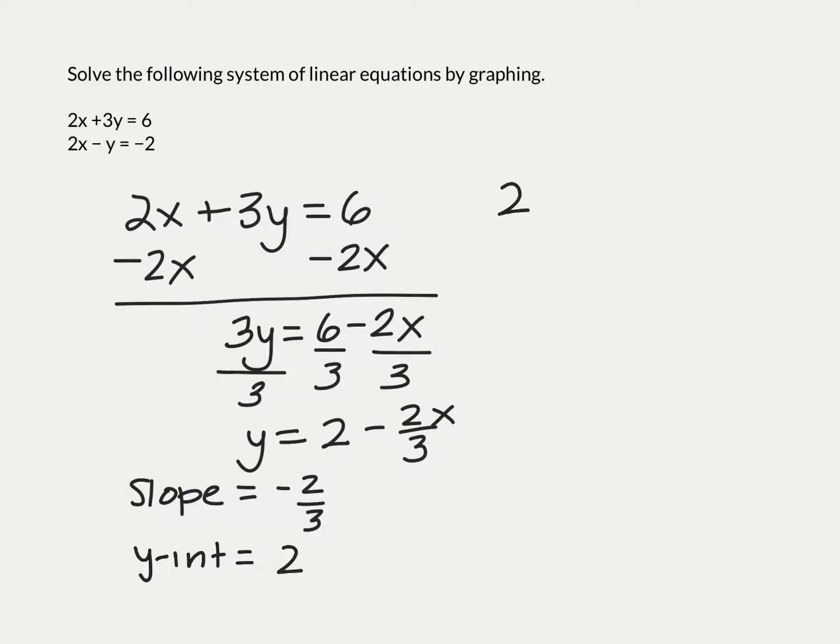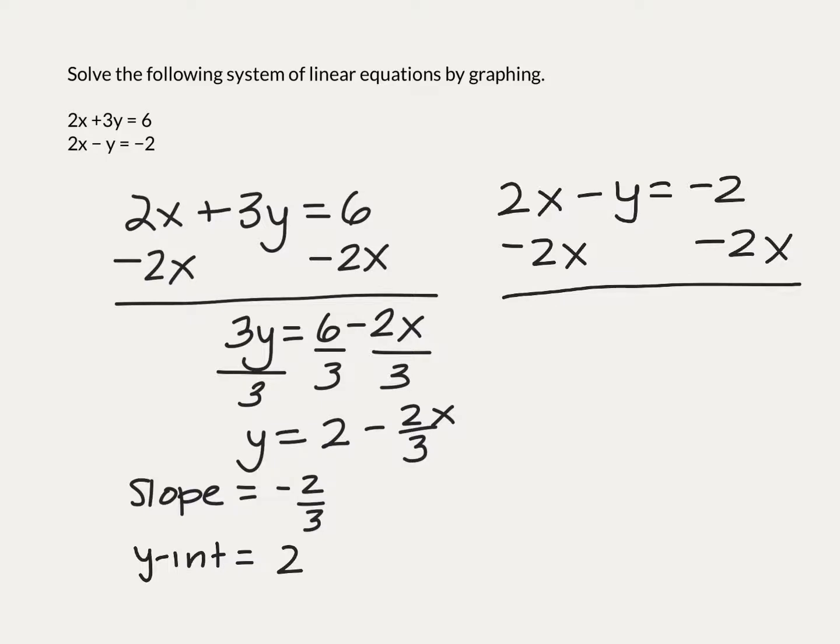I'm going to take the second equation, 2x minus y equals negative 2. And I'm going to subtract 2x on both sides, just like I did in the first equation. I'm going to end up with negative y equals negative 2x minus 2. As long as I have the negative sign with both, it's fine.